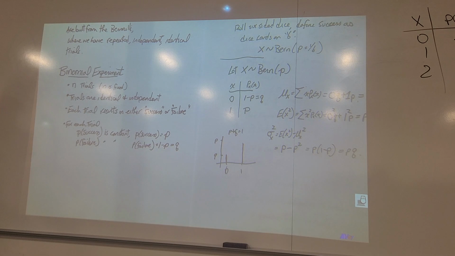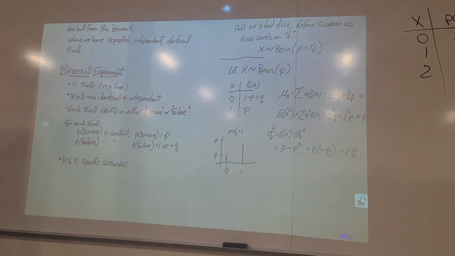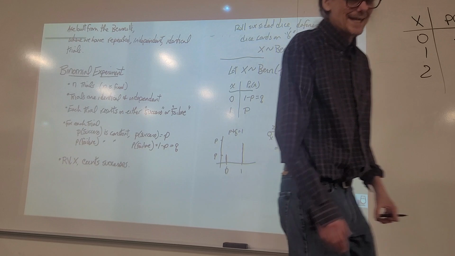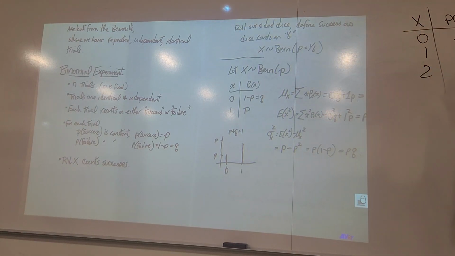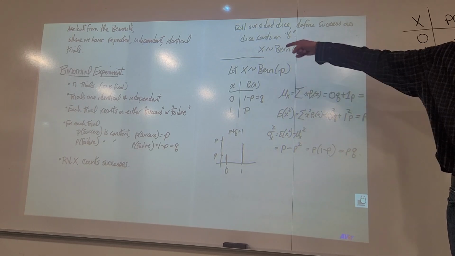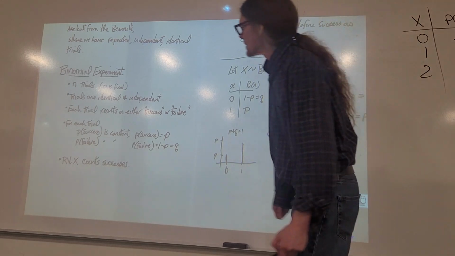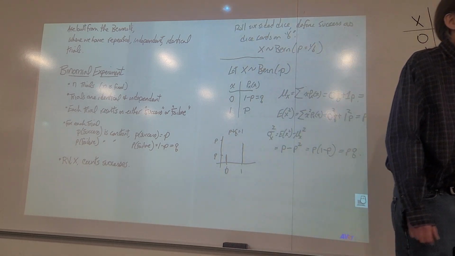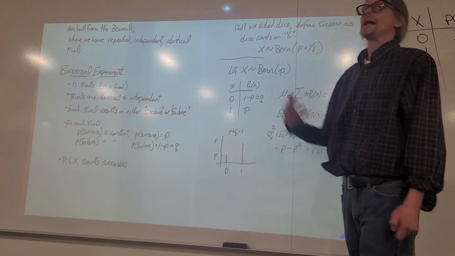Anything else I should say there? I should introduce a random variable. Random variable X counts successes. For instance, every single one of those questions, when I said things like, flip a coin 10 times, what's the probability it lands on heads 7 times? That was a binomial. Roll a dice 5 times. What's the probability it lands on 6 twice? That's a binomial.